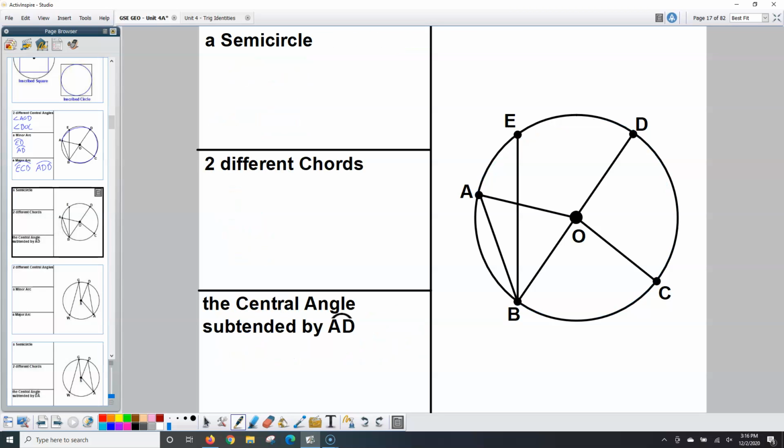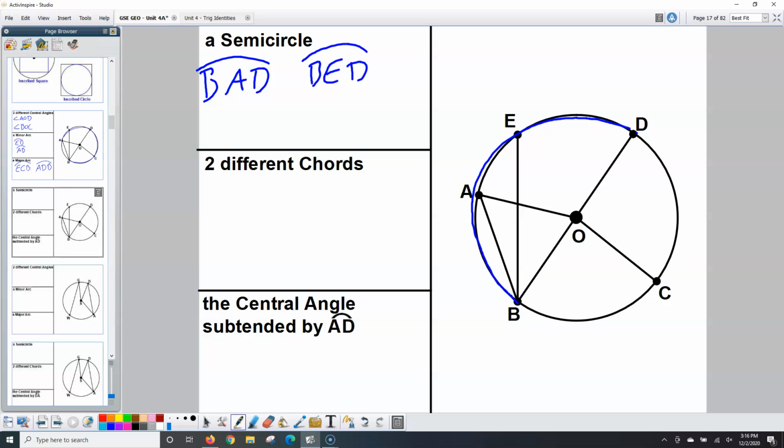Semicircle. A semicircle is exactly half the circle. It's an arc. So I'm noticing that this is exactly half the circle. Usually when you write these, you use three letters. So I'm going to say arc BAD. I could have said BED. That's the same exact arc.